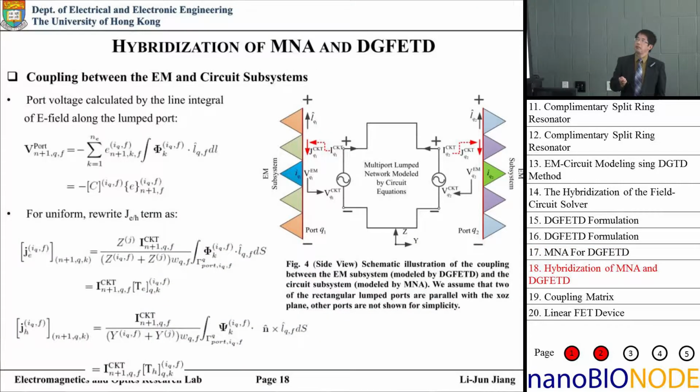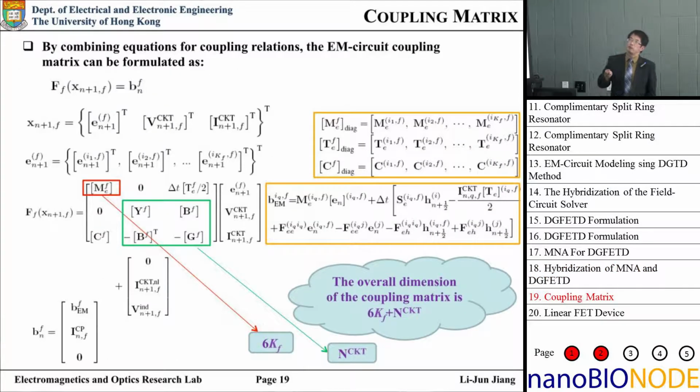And then we need to couple the lumped circuit network with the EM part. The coupling process is to couple the EM to the circuit through a voltage source, and the circuit to the EM part through a current source. Then you can integrate all the formulations together and solve the hybrid EM and circuit system.